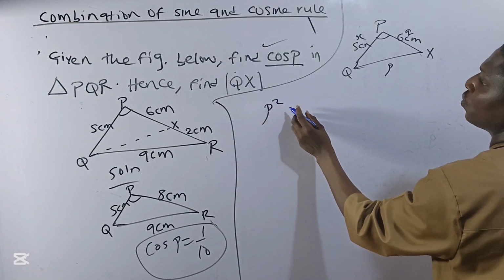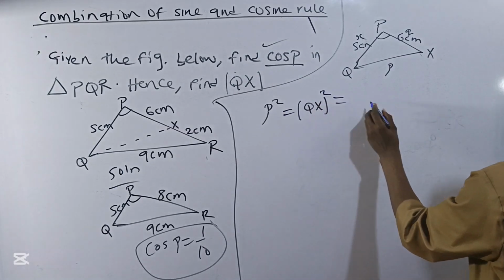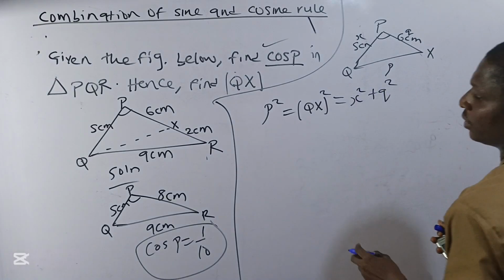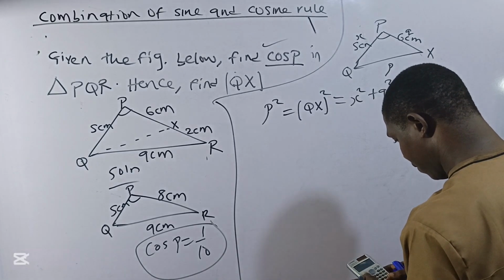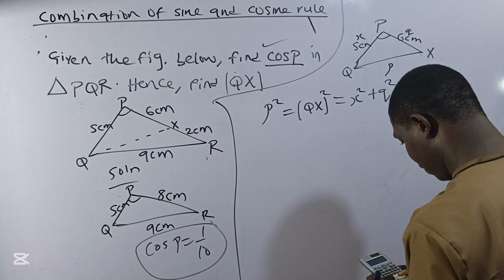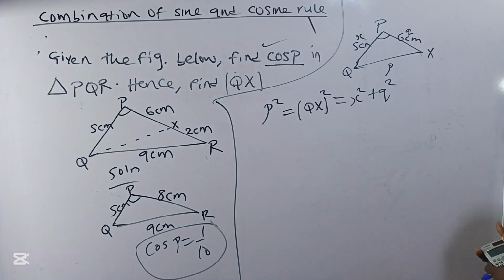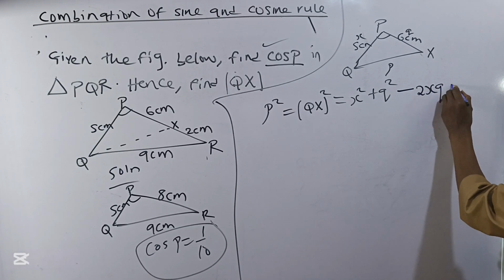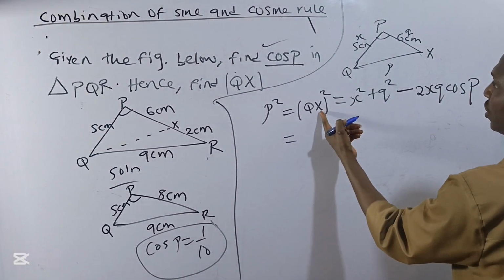So I have p square, which is equal to x square plus q square, minus 2xq cos angle P. So this will give me this QS, which we are looking for.